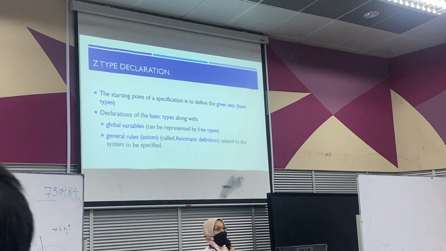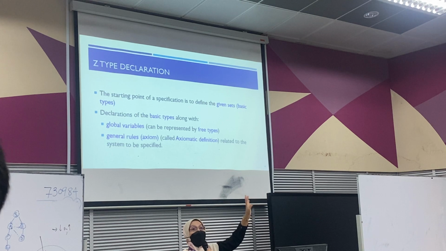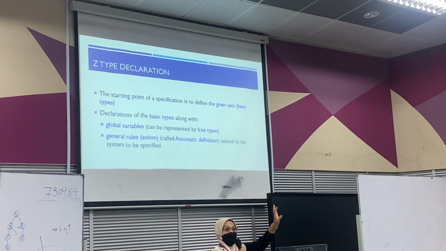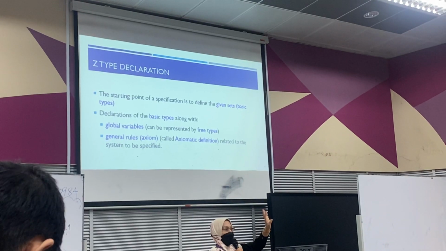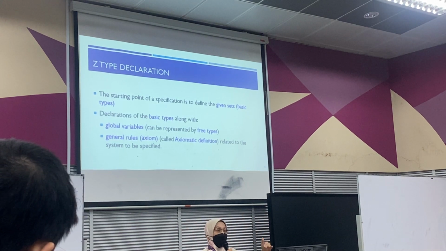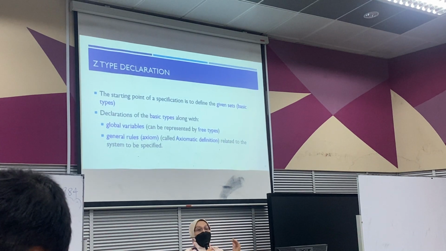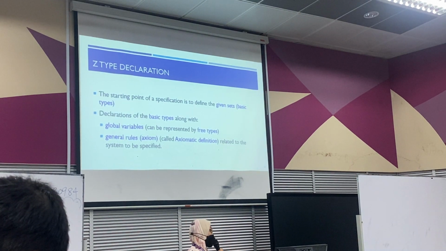Then the next step is your data abstraction. Data abstraction is defining your basic type and free type. No need to define your built-in because it is already there. But the process after this, the next week's task, is to define your basic type and free type.